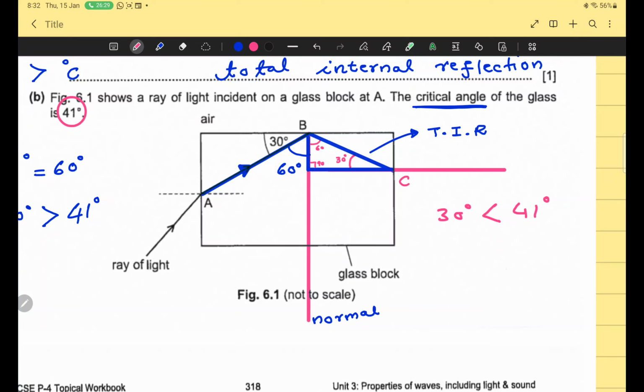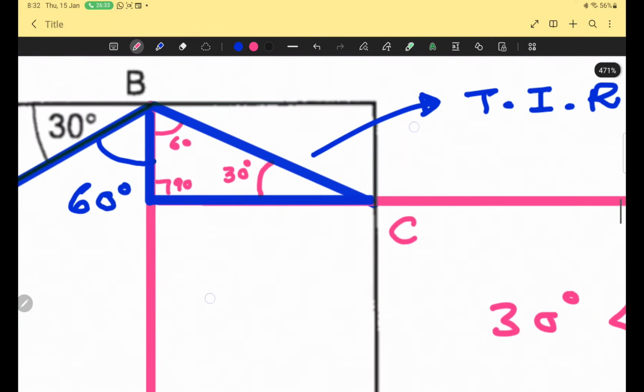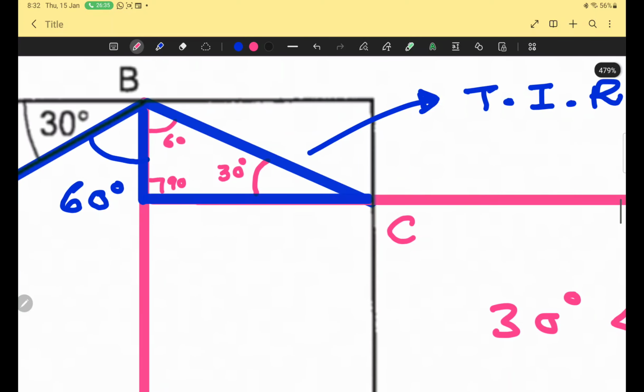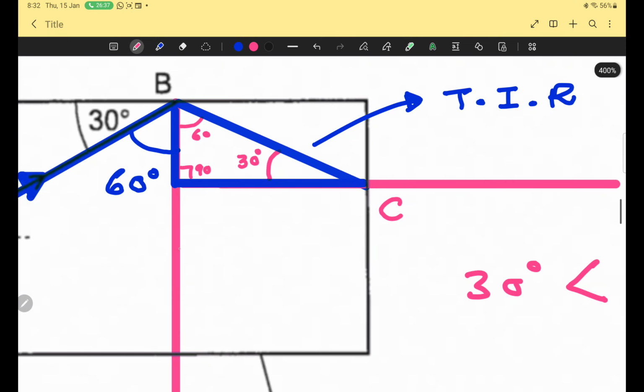This angle is 30 degrees, beta. How? I am explaining the sum of angles in a triangle. The total sum of angles in a triangle is always 180 degrees.